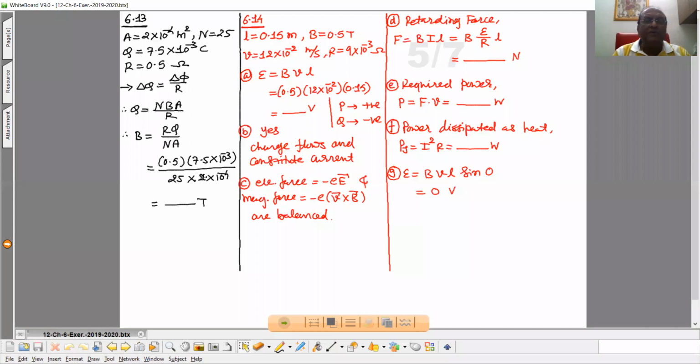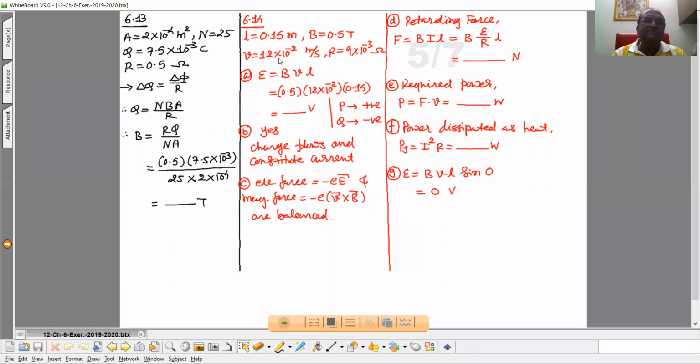Now, question A. Suppose K is open and the rod is moved with speed of 12 centimeter per second in the direction shown. Give the polarity and magnitude of the induced EMF. Now see first question. Length is 15 centimeters, so 0.15 meter. B, that is 0.5 Tesla.